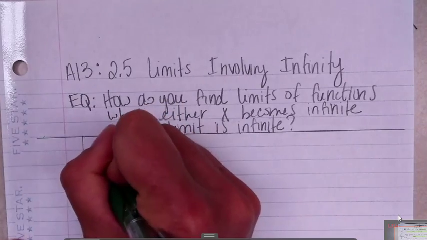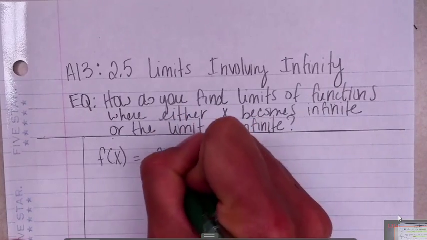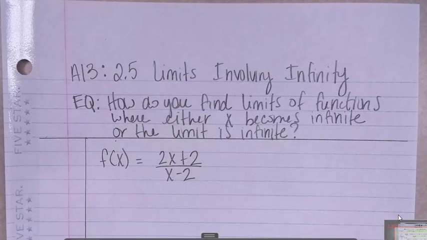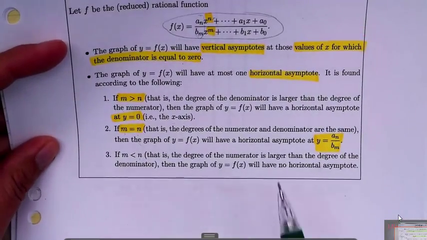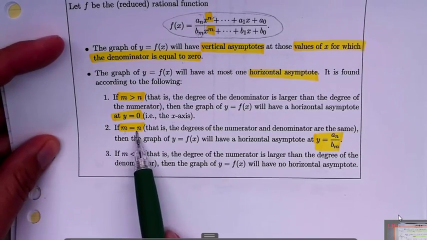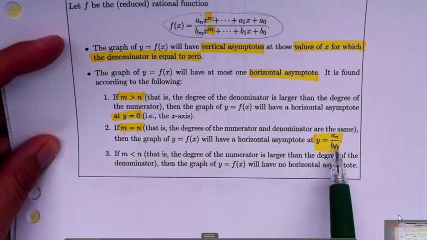All right, so let's look at the function f of x equals 2x plus 2 over x minus 2. So first of all, this is completely reduced. Going back to my rules that I just looked at, I see that the powers in both numerator and denominator are equal. So I know that I'll have a horizontal asymptote at y equals those two coefficients as a fraction, right?